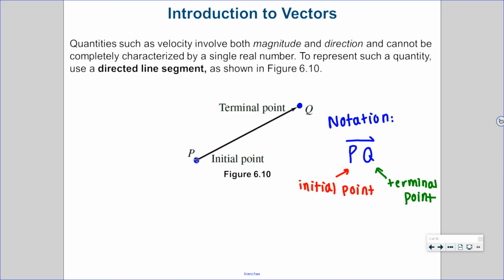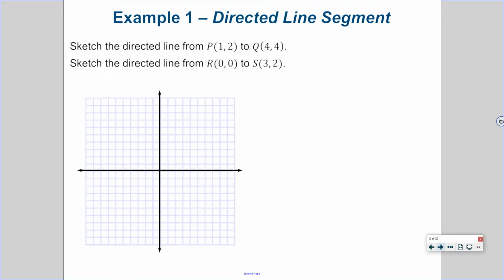So let's draw some directed line segments here. It says, sketch the directed line from P, so here's my initial point, to Q. And then we'll practice naming that vector in a second. Then we're gonna do another one from R to S. So P is 1, 2. Q is 4, 4. Hopefully you remember how to plot points.